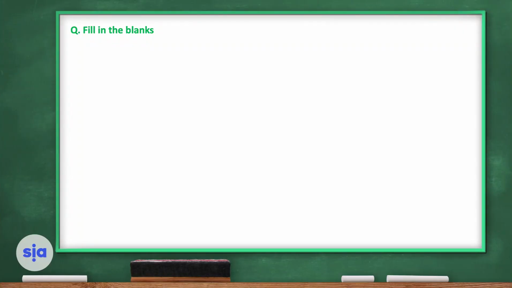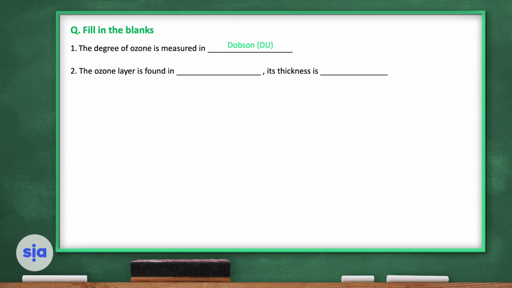Let's solve some questions about this lesson. Fill in the blanks. The degree of ozone is measured in Dobson. The ozone layer is found in which layer of atmosphere, and its thickness is?